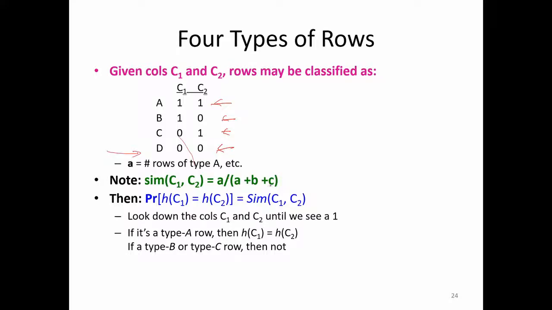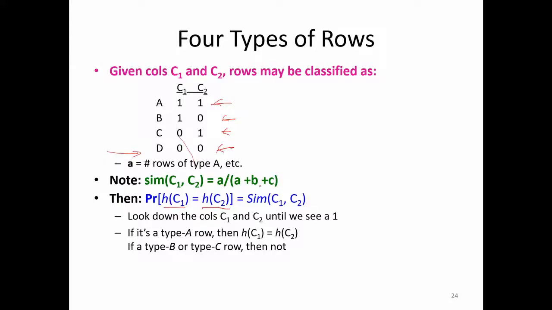Now, what is the probability that the hash function of C1 will be equal to the hash function of C2?